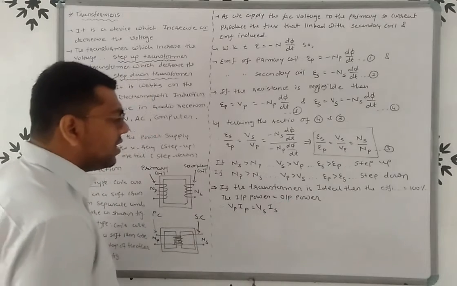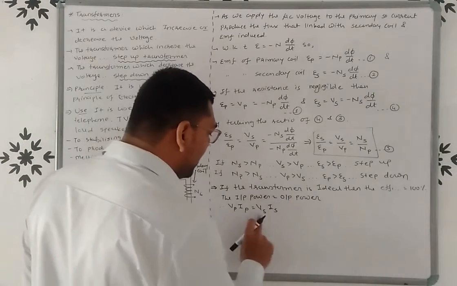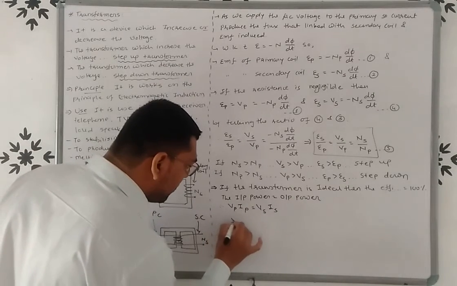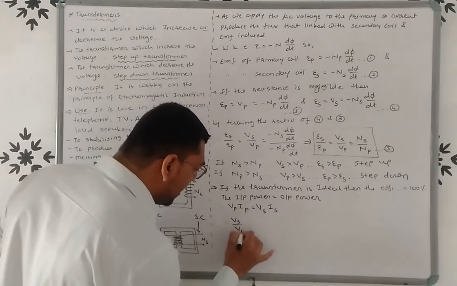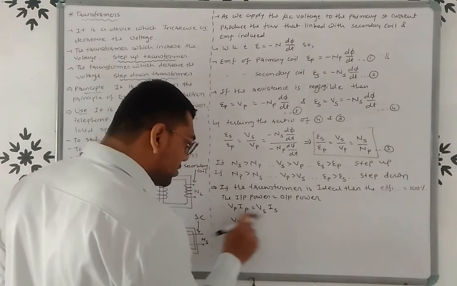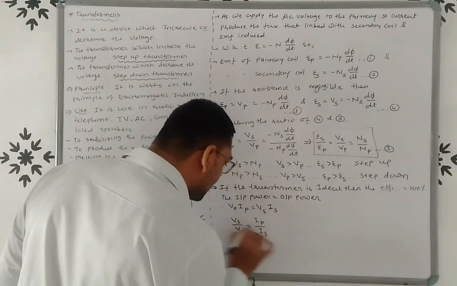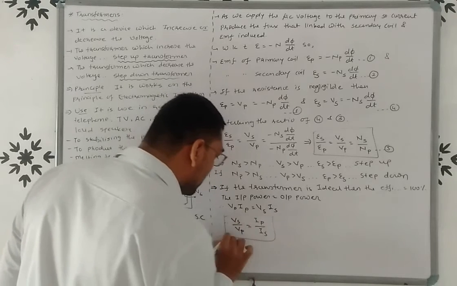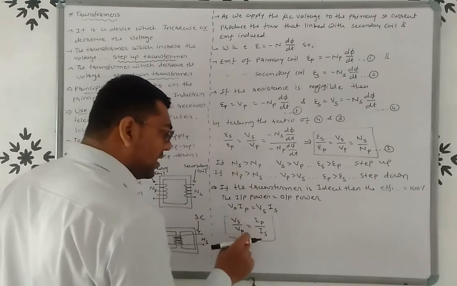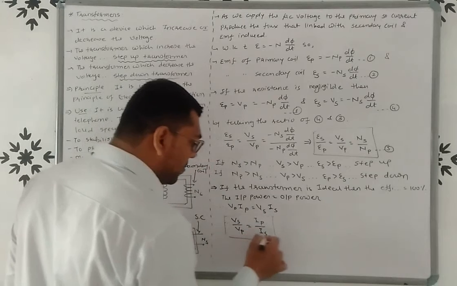So here if we take the ratio Vs upon Vp, we get Vs upon Vp is equal to Ip upon Is, right?